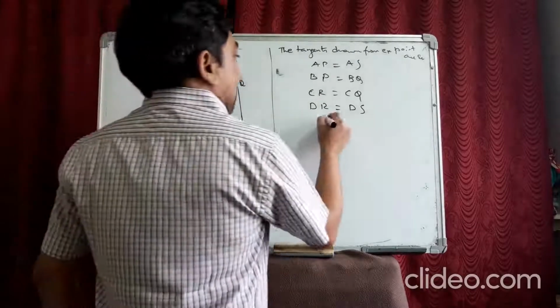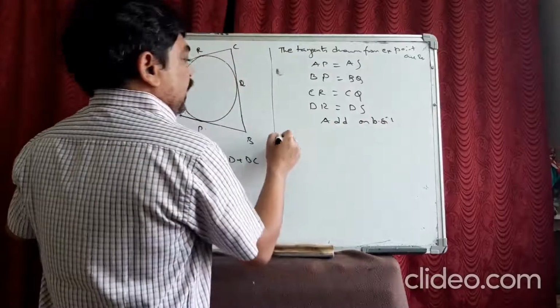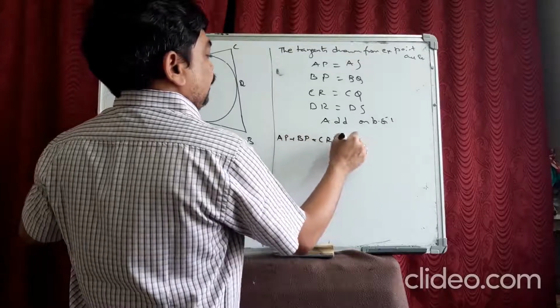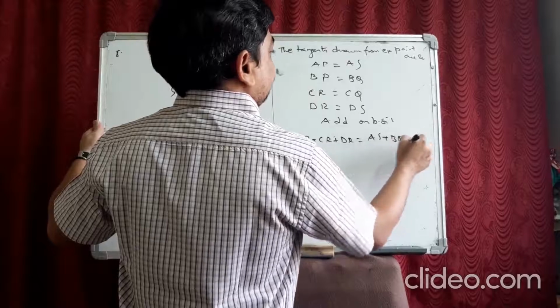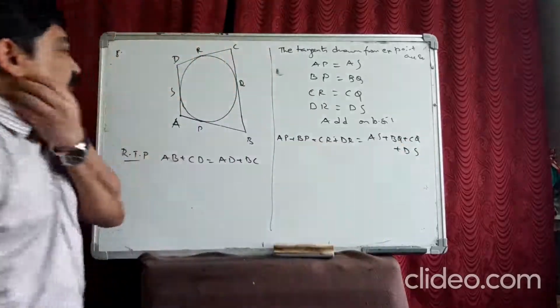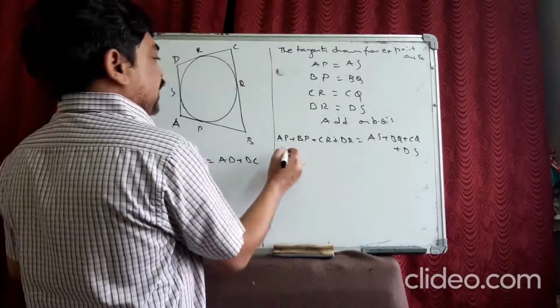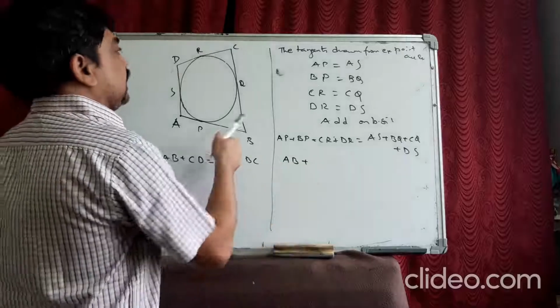Now, add on both sides. It becomes AP plus BP plus CR plus DR is equal to AS plus BQ plus CQ plus DS. Okay? Now, AP plus BP is nothing but AB. And CR plus DR is nothing but CD.